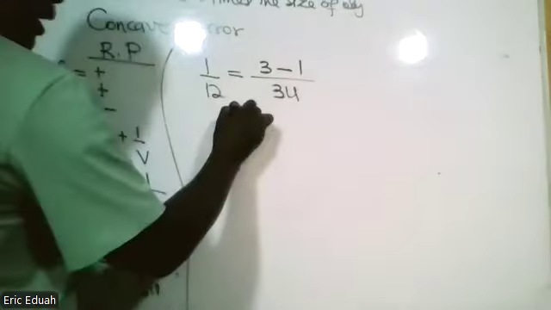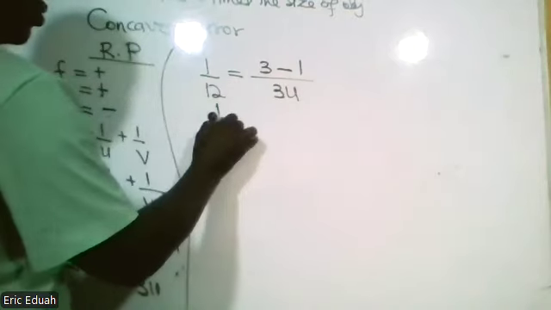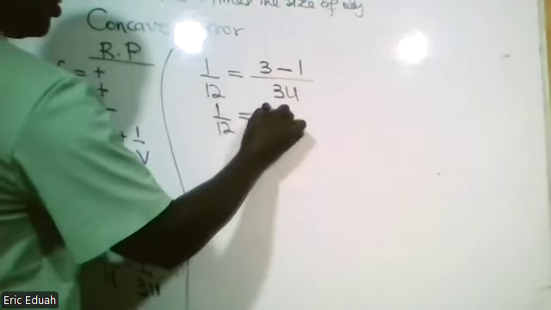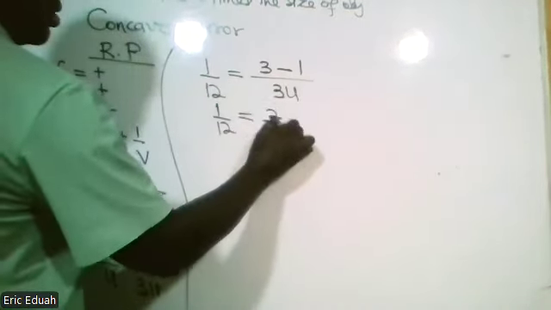So we have 1 on 12 is equal to 2 on 3u. 3u is equal to 12 by 2. Therefore, when you divide 2 by 3, that's 4, so 8 centimeters.